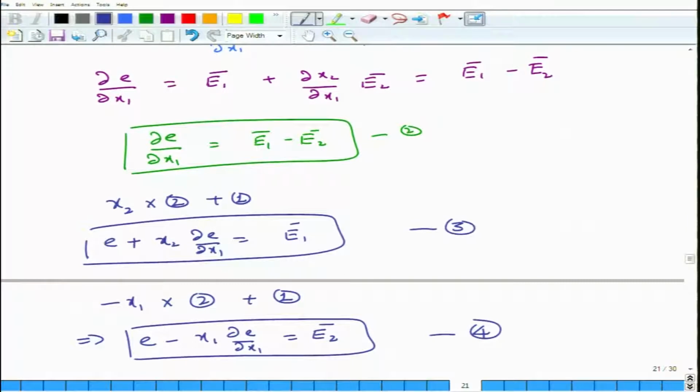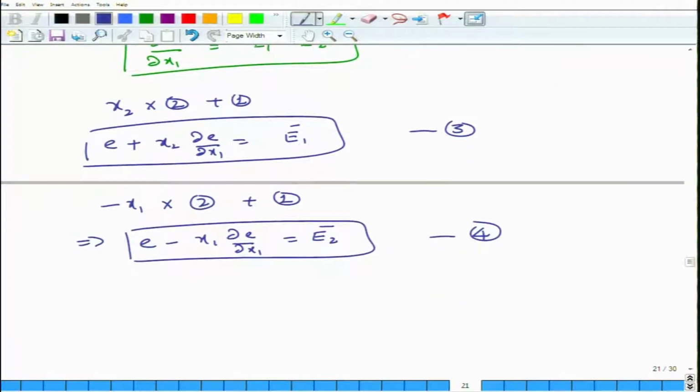So, look at the first equation, what you have, E is nothing but the value, y minus mx is equal to c. That is the equation of a line, isn't it? And what is the slope here?